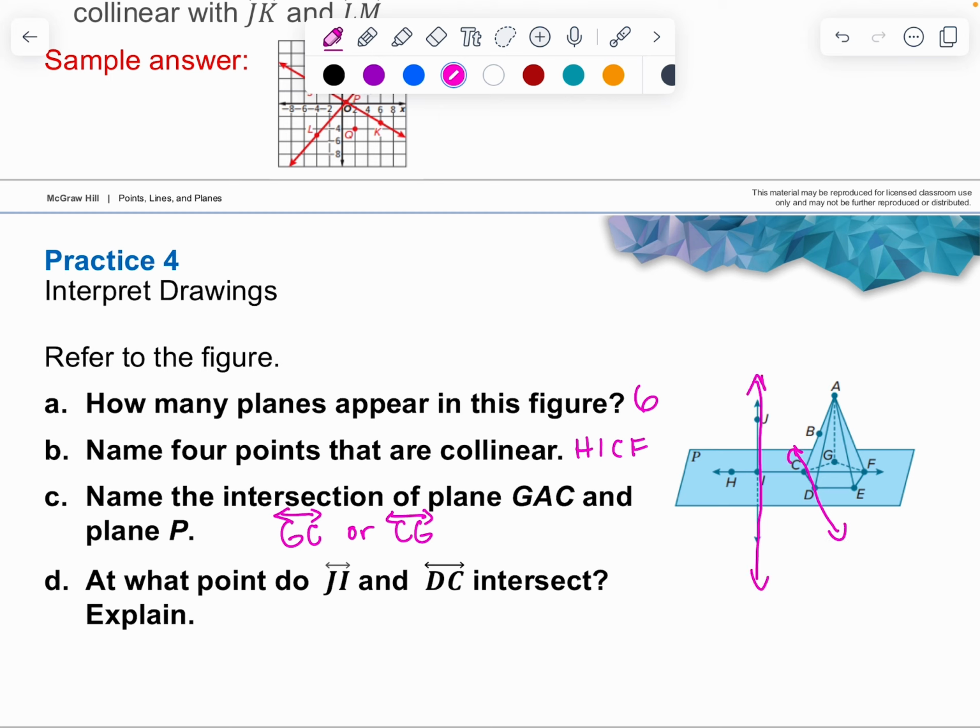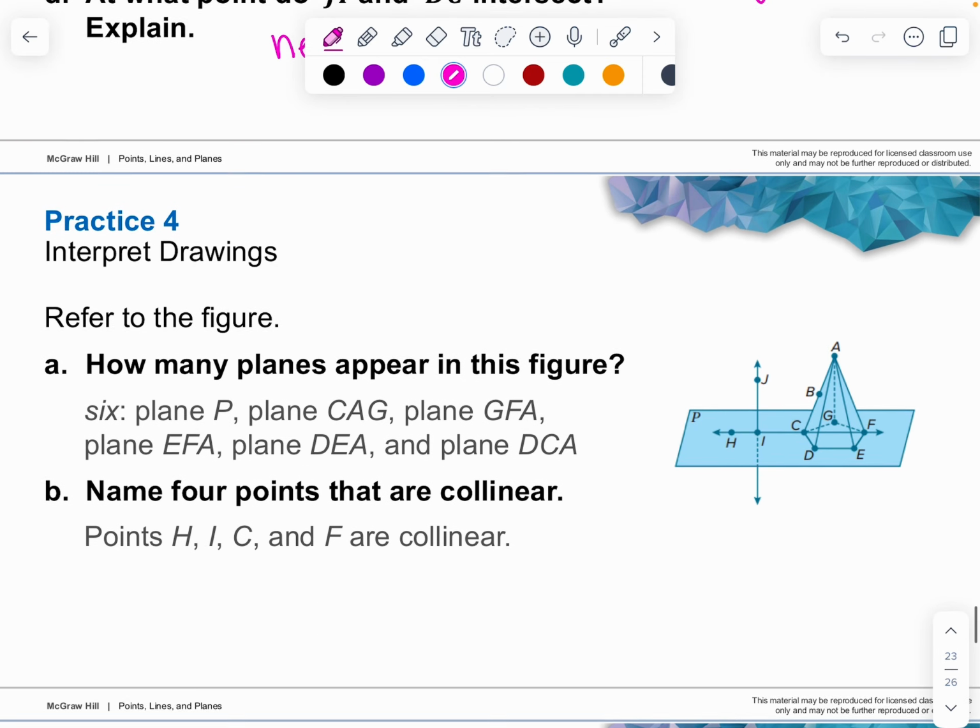DC is in this plane, solidly in plane P. And JI is piercing plane P. It only touches right here at I. It's only ever going to touch at I. And DC is never going to touch I. So never. They will never touch. So, yep.